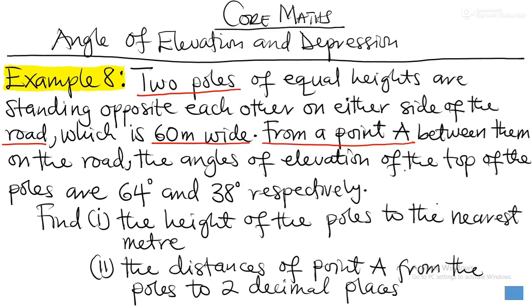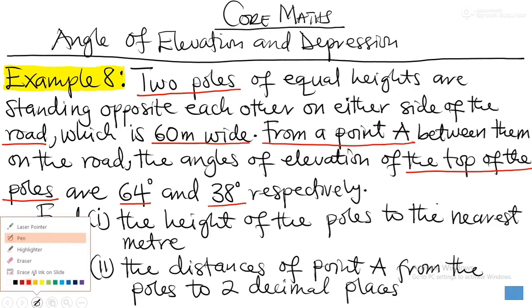So here our object is the top of the poles. And we're given the angles of elevation to be 64 degrees and 38 degrees respectively. Good. So now that we have the key information from the question, we have to proceed to draw the diagram.